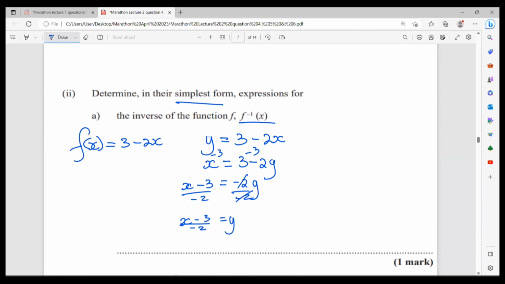But nobody asks you about y, so you need to finally conclude with the inverse of f of x. So you just need to write the last. So every time you reach this part, remember what the question is about. Write it back. Give them what they want. They ask us for it.